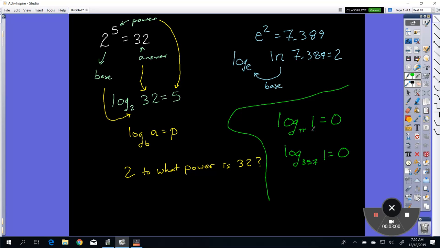So regardless of what the base is, if that's 1, pi to the 0 power equals 1. 357 to the 0 power is 1. So anytime you have a 1 as the answer, the power had to have been a 0. So that's kind of a general rule on that.